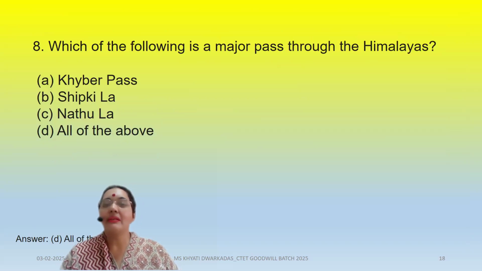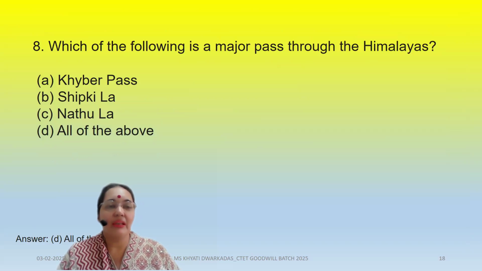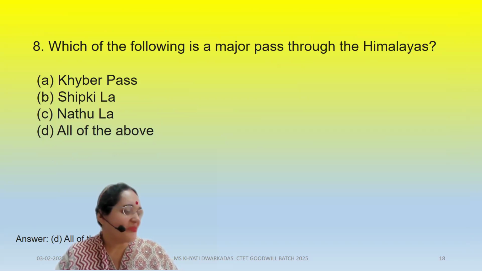Which of the following is a major pass through the Himalayas? Khyber, Shipkila, Nathula, or all of the above? Now that I see 50% active participants and 50% inactive participants and 50% answers being incorrect.